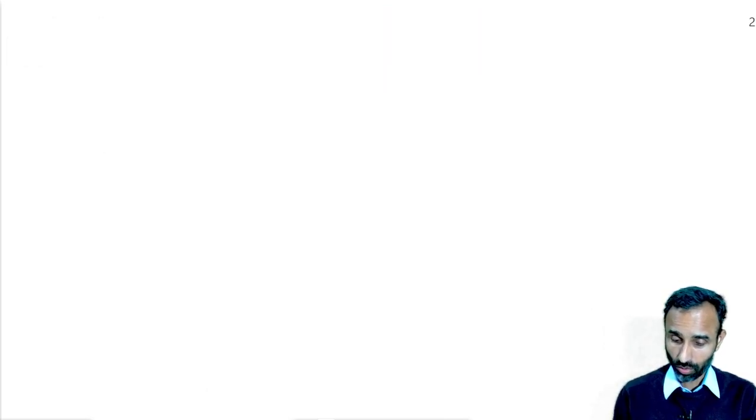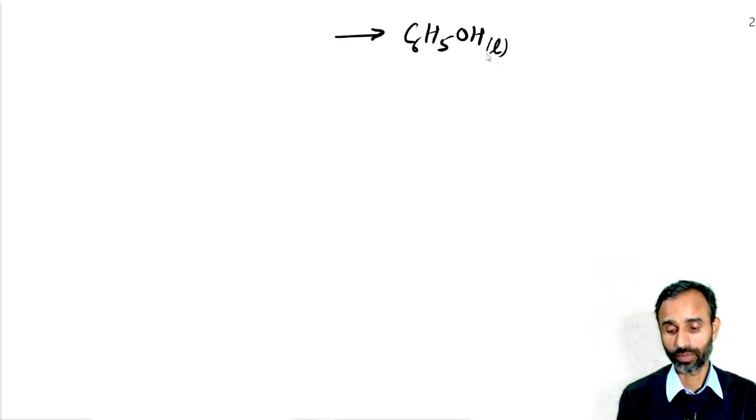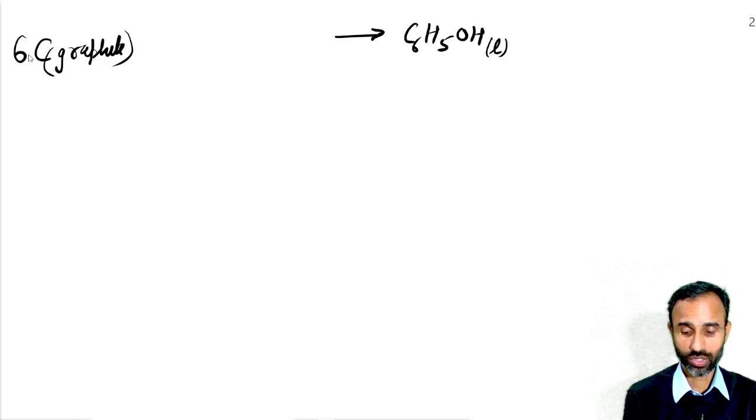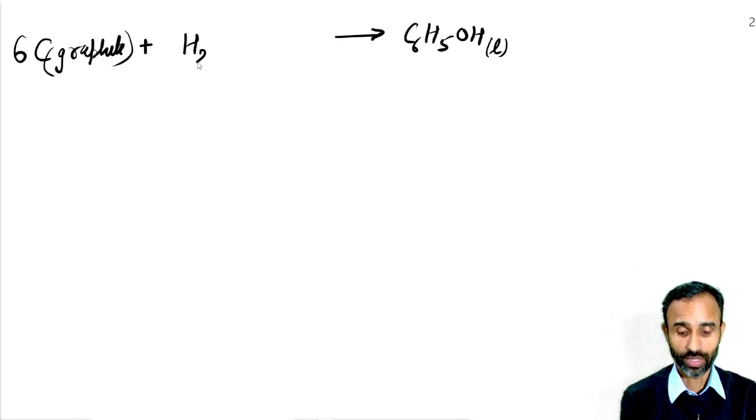Okay. So let us start with the equation. Phenol is formed from carbon, that is graphite, 6 carbon. And we will write hydrogen in the form of H2 gas, 3 H2 gas, plus half of O2 gas.